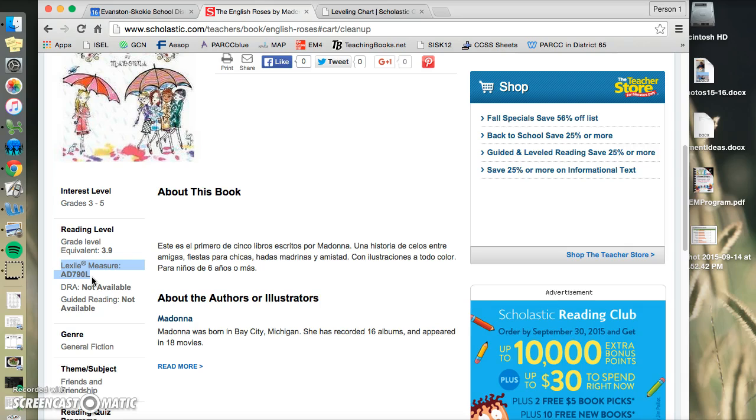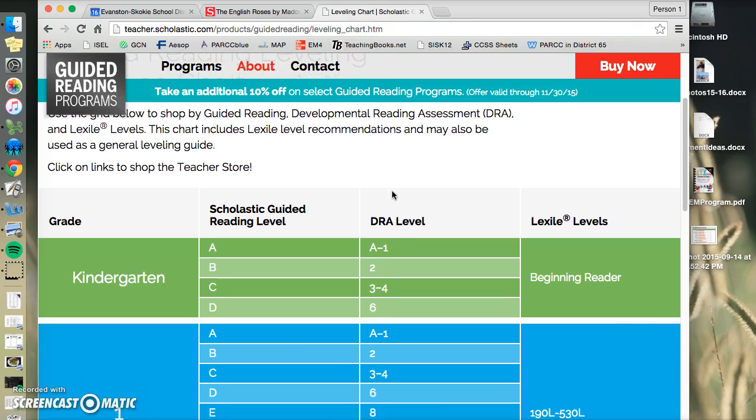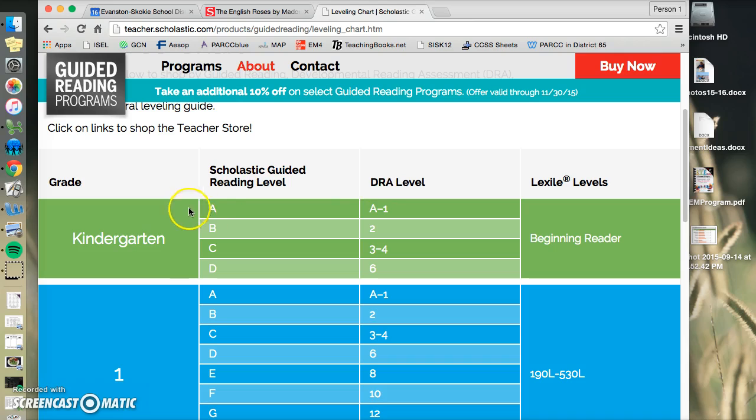There are lots of charts online, and they all vary a little bit. This isn't a perfect science, but if we know that 790 is a Lexile level, I brought up a chart also through Scholastic, a guided reading leveling chart, that gives you a grade level, guided reading levels, DRA level, and then Lexile levels.